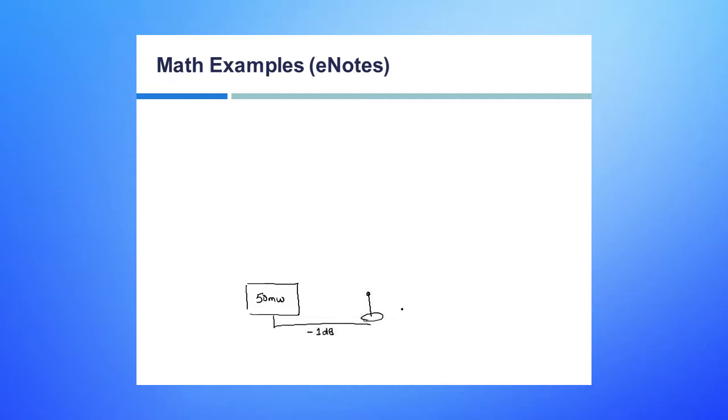And then from that point, we know that the access point is using an antenna that's going to add plus 5 dBs.